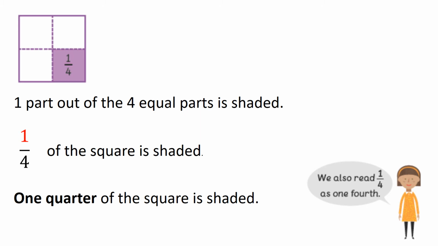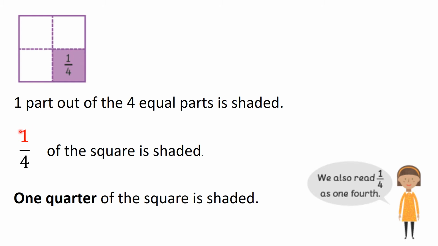Now, you may have told your partner that they would need to cut it twice. They would need to cut once down a vertical line and again down a horizontal line. And then they're left with 1, 2, 3, 4 equal parts. Now, 1 part out of the 4 parts is shaded.